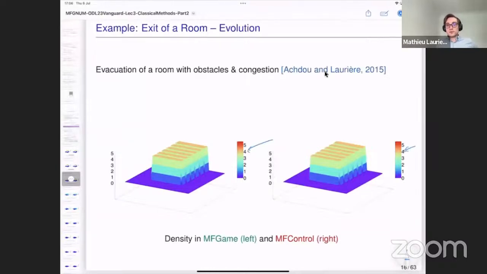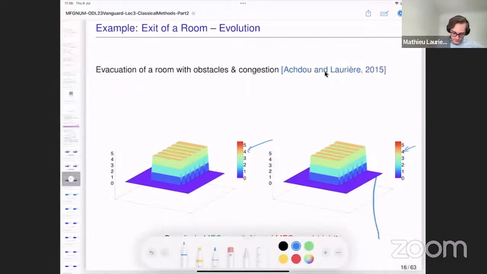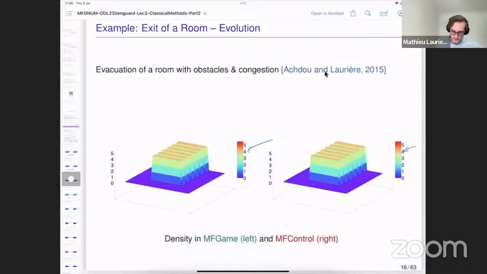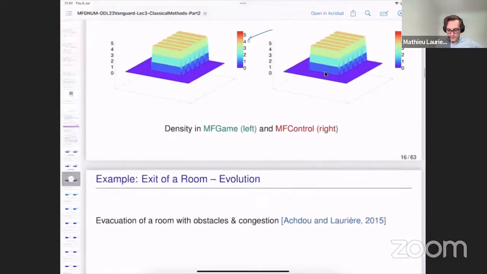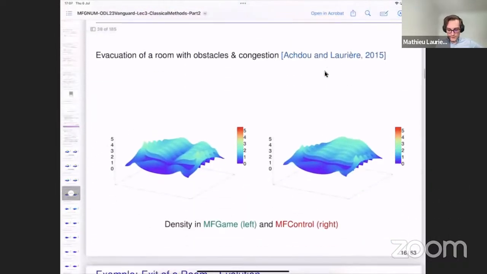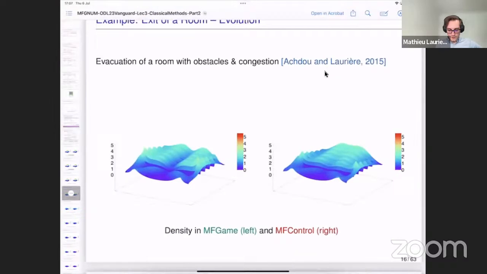And then they're going to diffuse and not only diffuse, but evolve towards the boundaries and move towards the 2 doors. So again, mean field control means a cooperative scenario, and mean field game means a Nash equilibrium, so the more selfish scenario. So here people move.